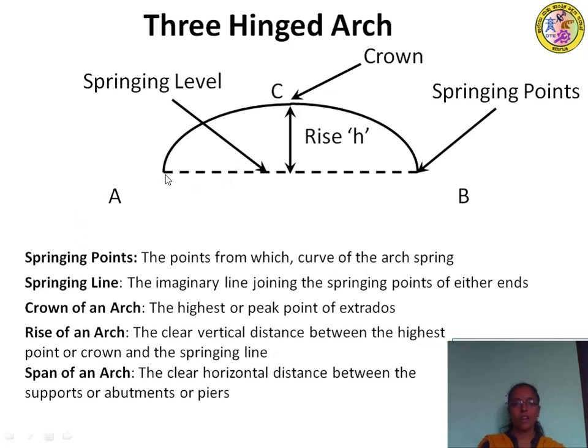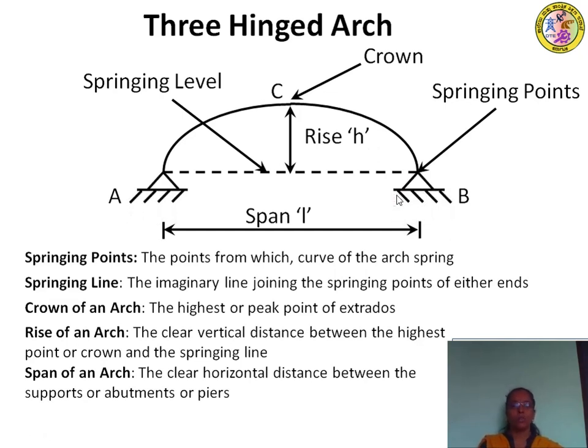It is the clear horizontal distance between the two springing points, or the distance between the two supports. Normally the supports will be provided at the springing points only, so it is the clear distance between the supports or abutments. It is called the span of the arch. Span is designated as L, whereas rise is designated as H.